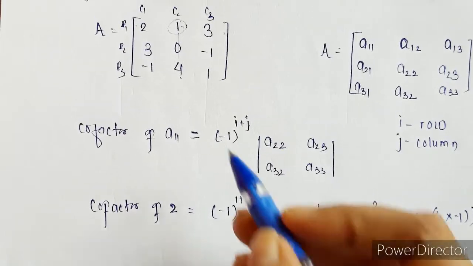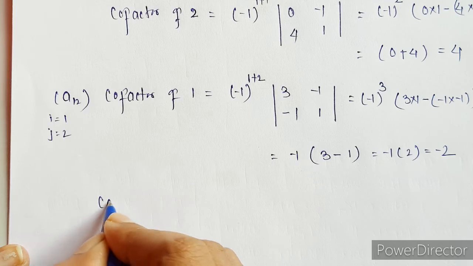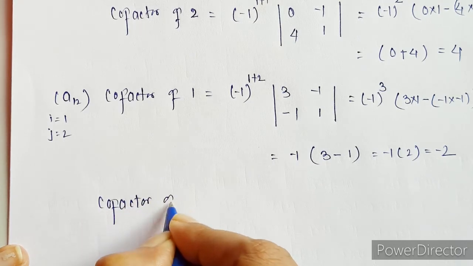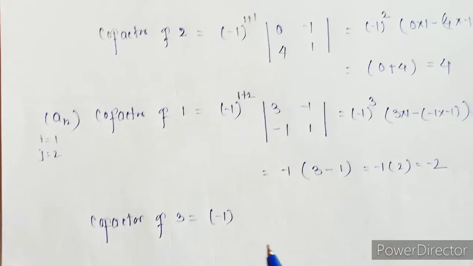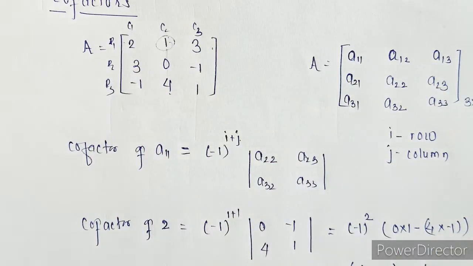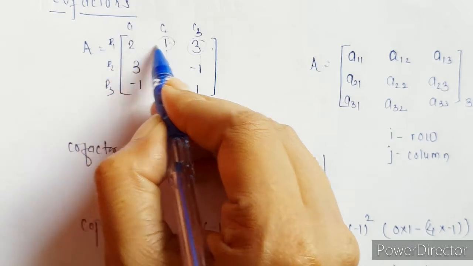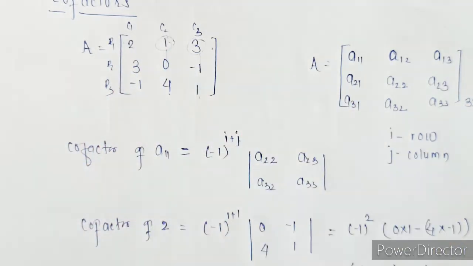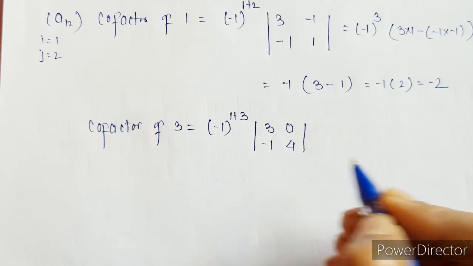Similarly, the cofactor of 3. This 3 is at the place A13, row 1 and column 3. So this will be minus 1 raised to power 1 plus 3. Since we are finding the cofactor of this, delete the same row, same column and take the remaining terms: 3, 0, minus 1 and 4.